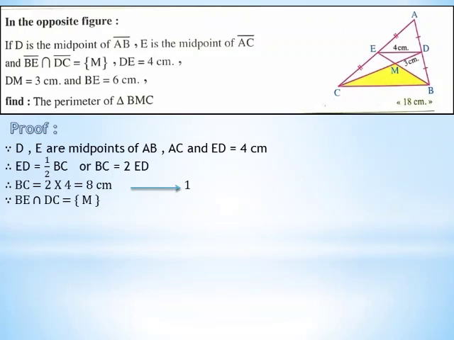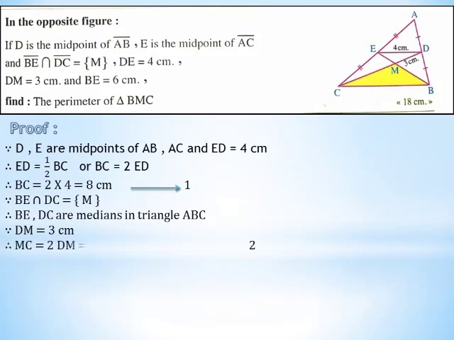So CD and BE are medians in triangle ABC. We know that MD, the small part of the median, equals 3. So the big part, MC, equals 2 times 3, which equals 6. The second side, MC, is 2 times the small part MD. 2 times 3 equals 6.